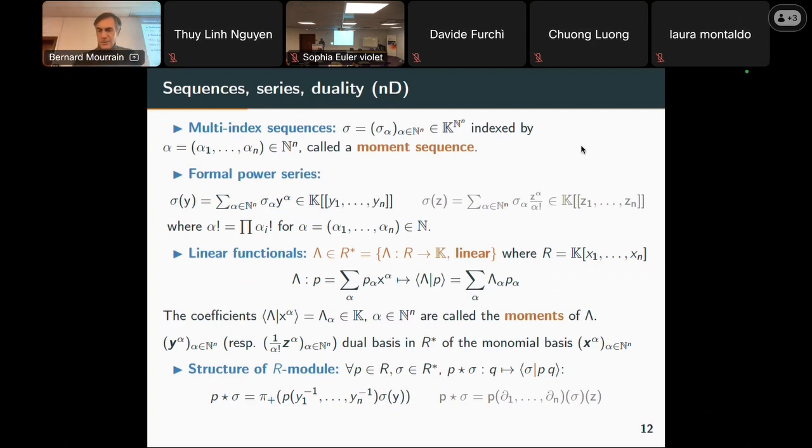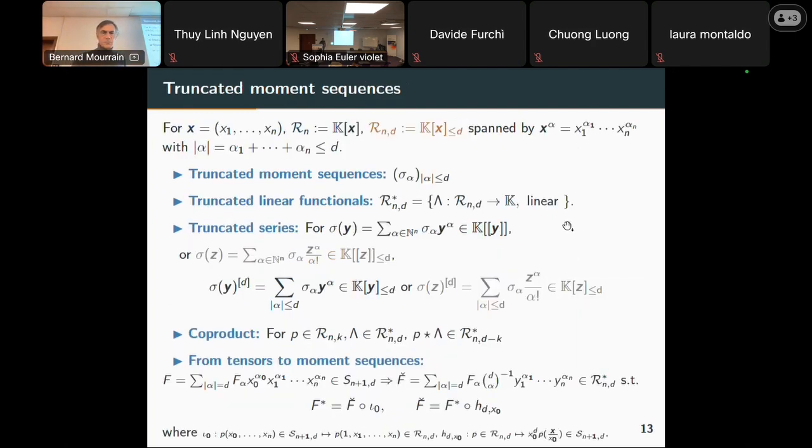Okay, so that's about formalism. And now we continue a bit with the formalism. Now we can look at this sequence truncated in some degree, or the series truncated.